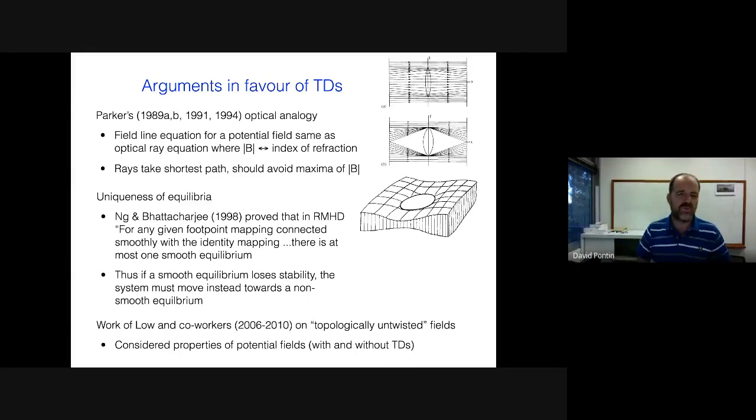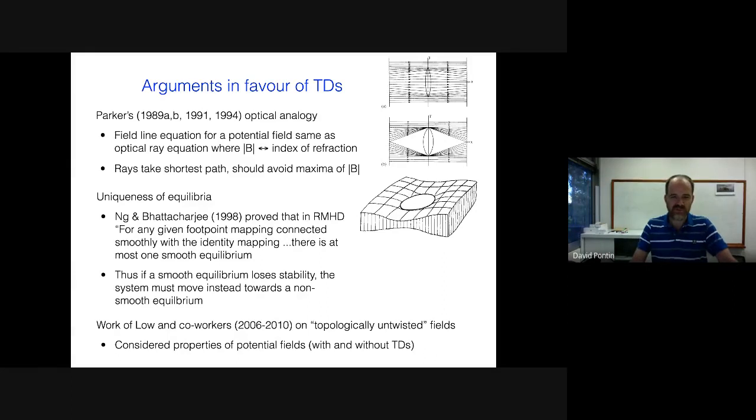And so therefore, if the smooth equilibrium loses stability, the field has to relax towards some lower energy state, which has to be non-smooth because there are no other smooth equilibria. So this works in reduced MHD rather than full MHD.